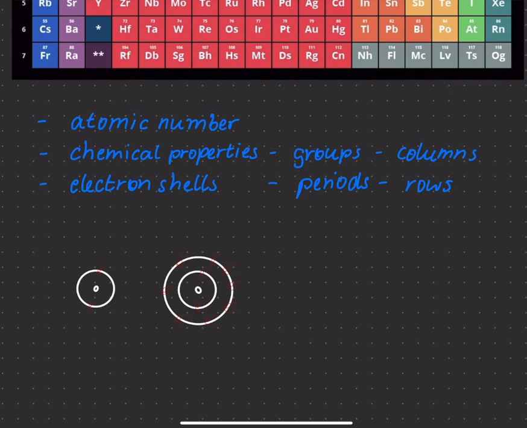And the third shell can also hold up to 8 electrons.